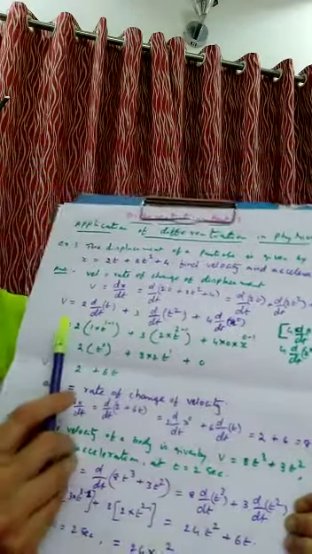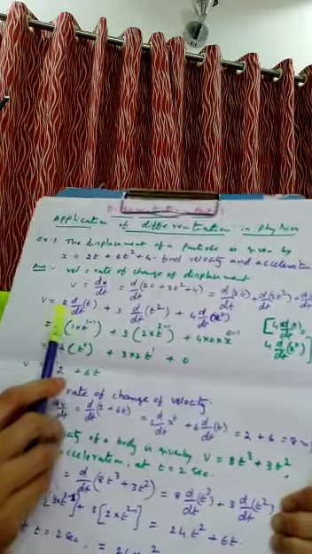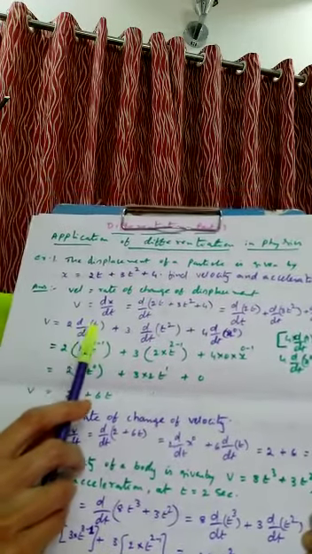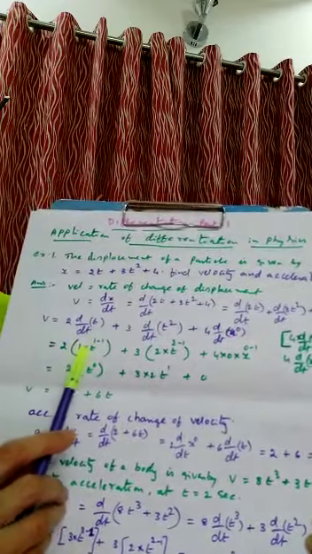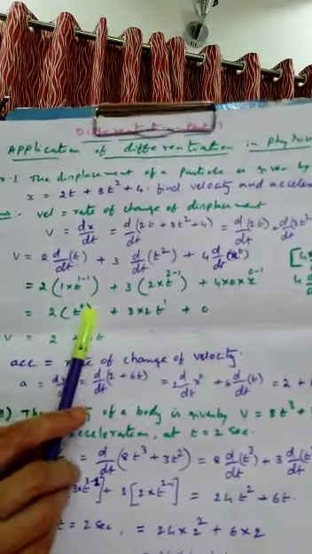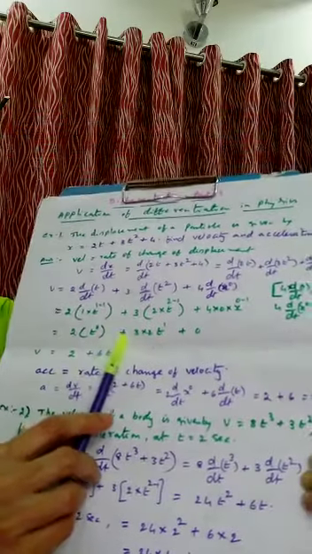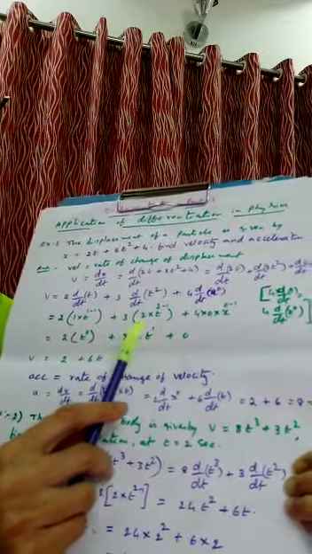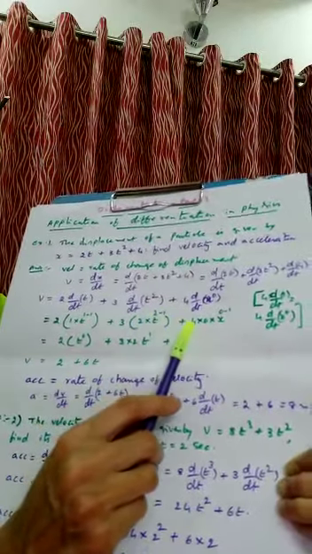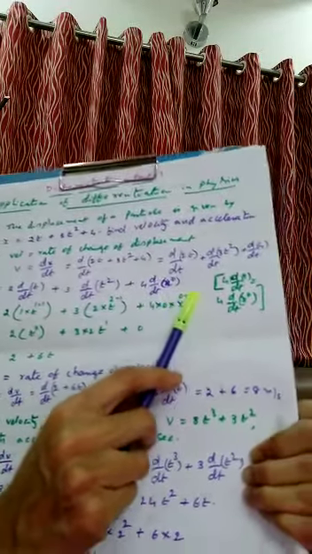Let us differentiate this. 2 is a constant, into d by dt of t raised to 1, which is 1 into t raised to 1 minus 1. You know the formula, n x to the power of n minus 1. Plus 3 into 2 into t raised to 2 minus 1, plus 4 into 0 into x raised to 0 minus 1.